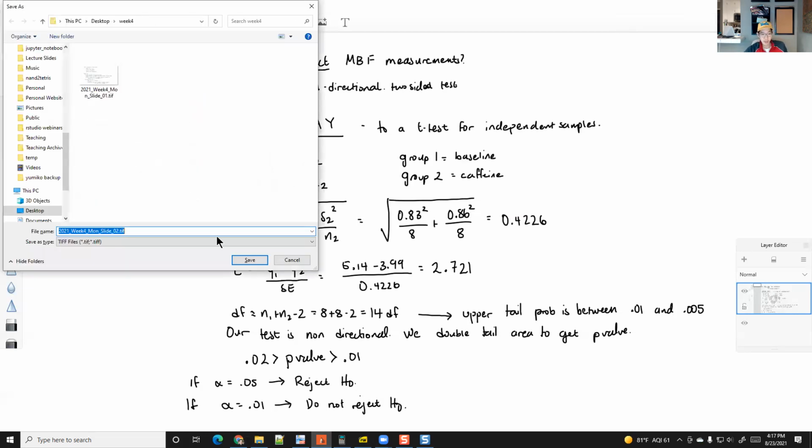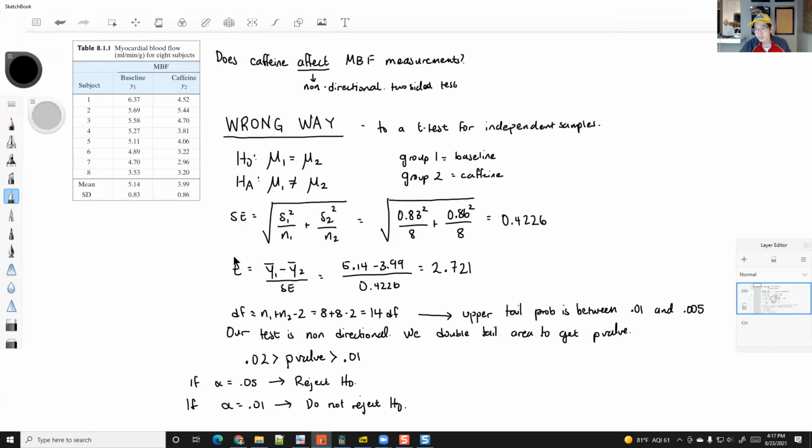Okay, so let me just pause here for a moment and make sure this process is good with everybody. This would be taking the t-test for independent samples, which you have learned, but I'm telling you that if you approach this problem this way, this would be the incorrect way. This is incorrect because we're treating these two groups of measurements as independent groups. We're almost saying we have 8 random people over here and 8 random people over here.